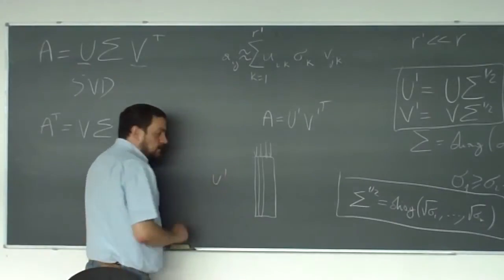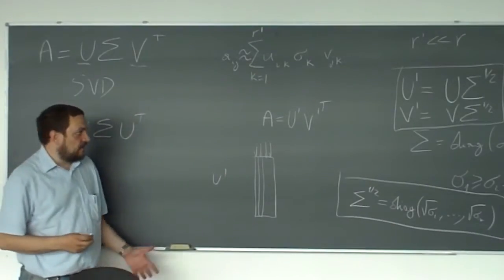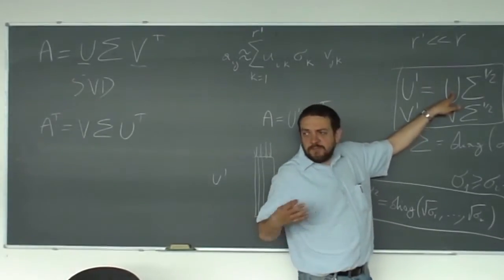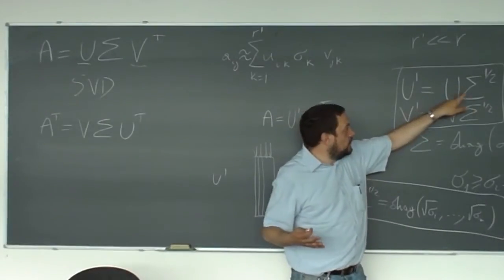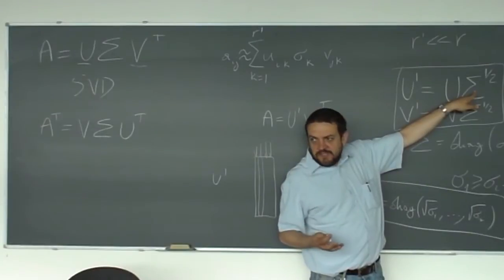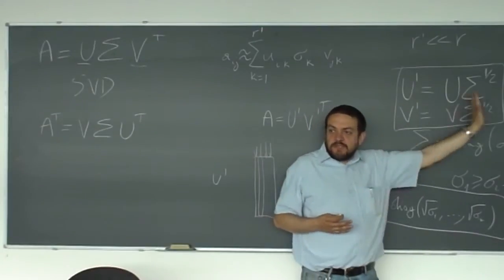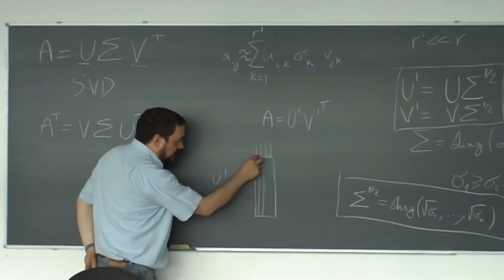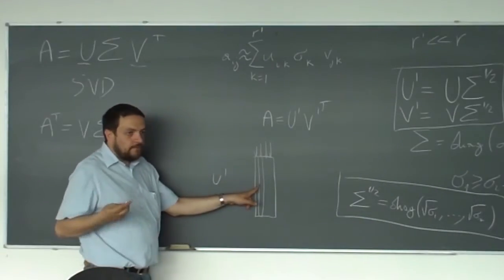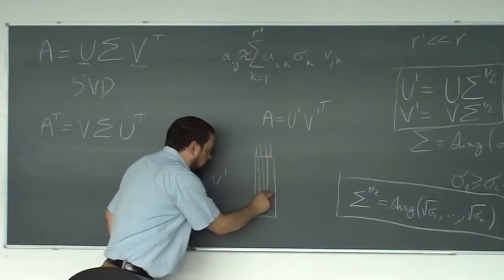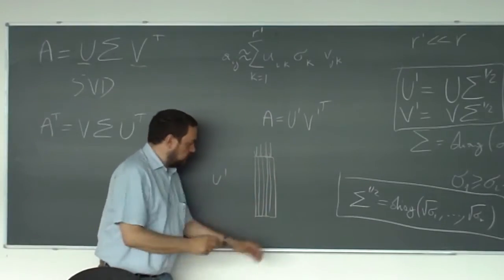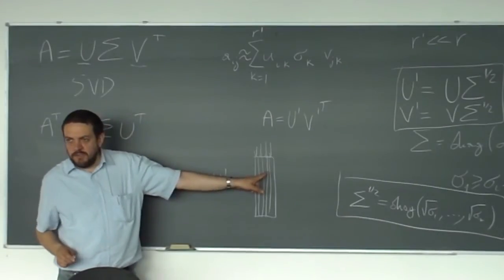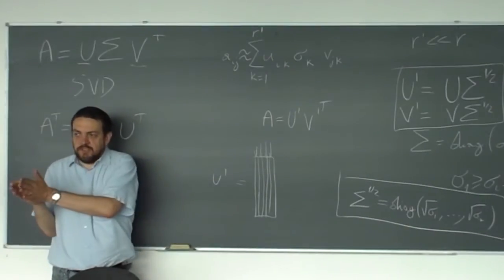Now, U prime is different because you are taking the columns of U and you are multiplying each column of U by a different number, and numbers that are decreasing. So you can expect the first column to have a high norm, and while you proceed column after column, the norm of the column is smaller and smaller.